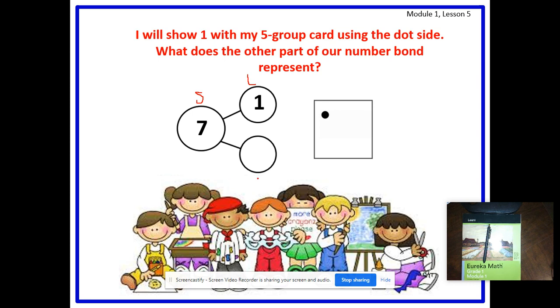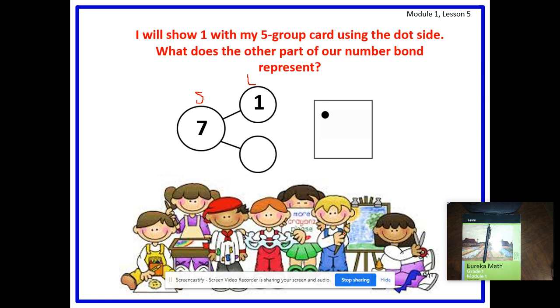What does the other part of our number bond represent? If this part is a student with long hair, this part would represent what? If she's the only one with long hair, these students have, get ready, yes, short hair.